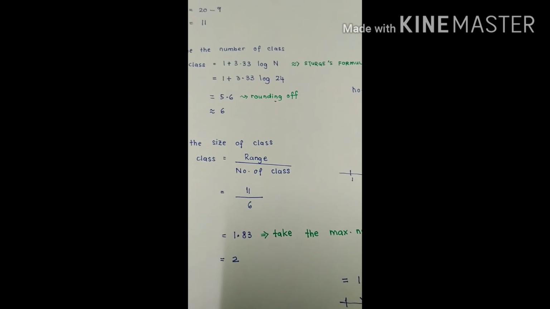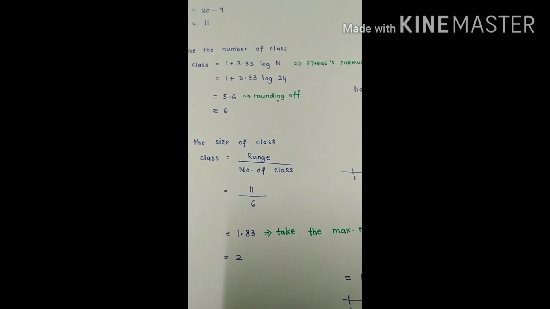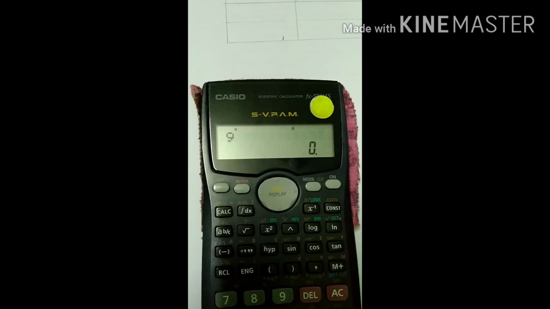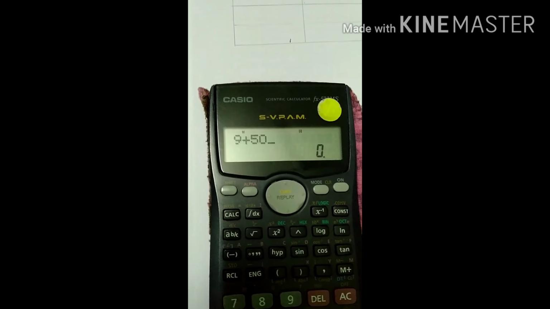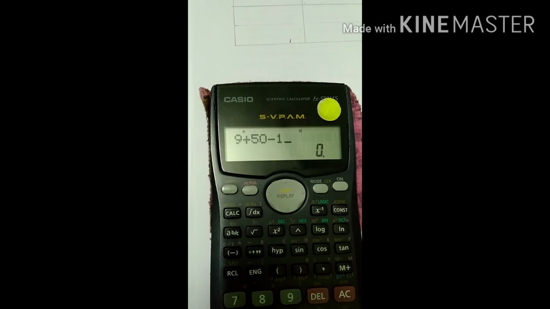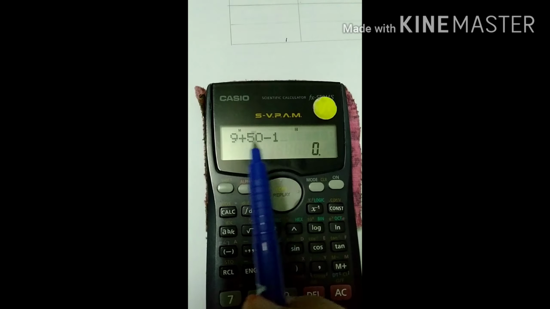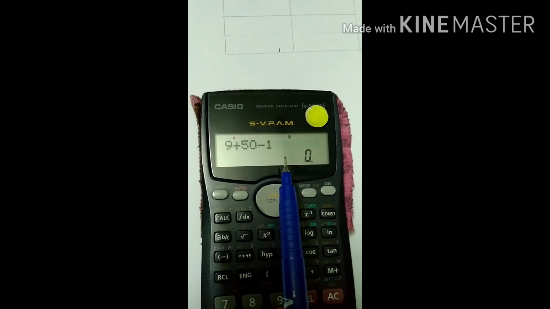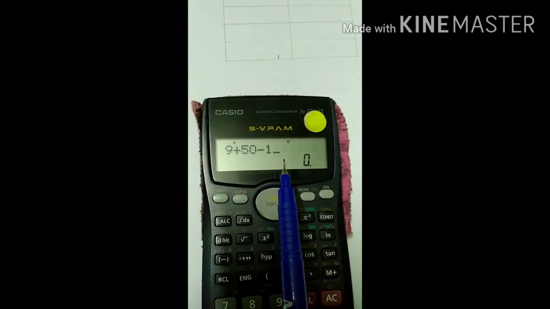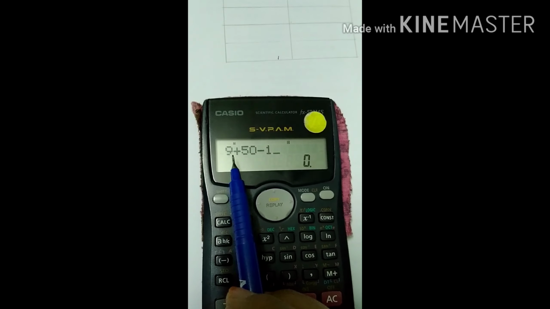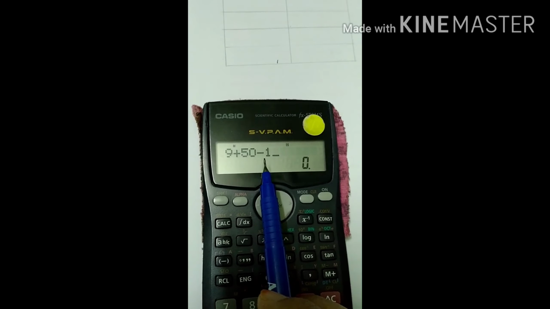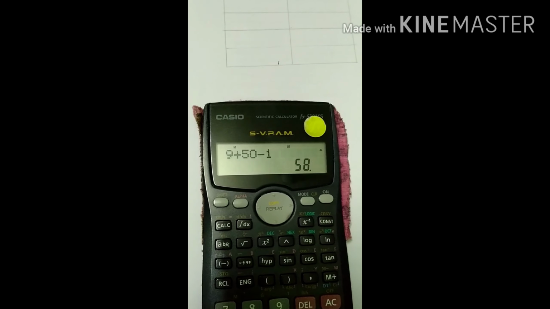For example, our lowest value is 9 and our size of class is 50. From 9 we plus the size of class 50, and then we must minus 1. This is the formula to get the class. So 9 plus 50, minus 1, is 58.